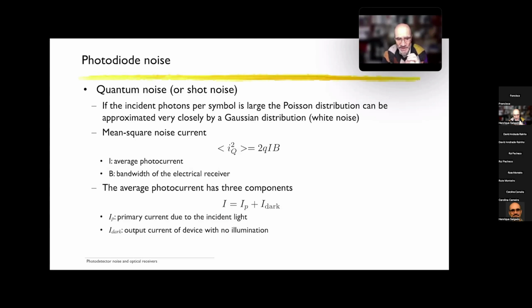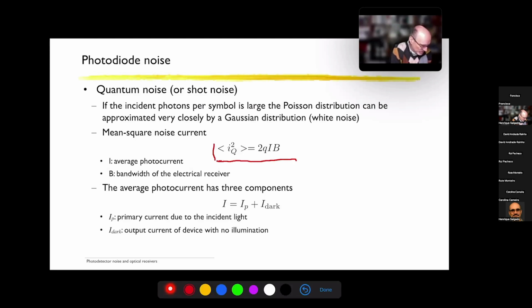I'm not going to derive this equation, but this is the expression for the mean square noise current that we are going to use to quantify the noise generated by the photodetector by means of shot noise or quantum noise, which is twice the electronic charge times the average current times the bandwidth.